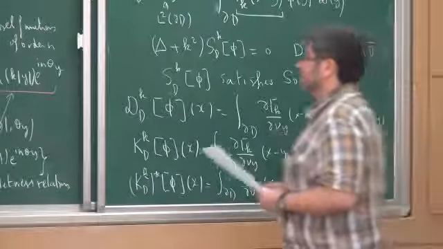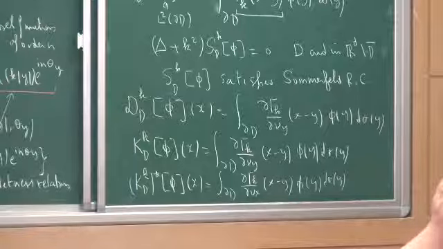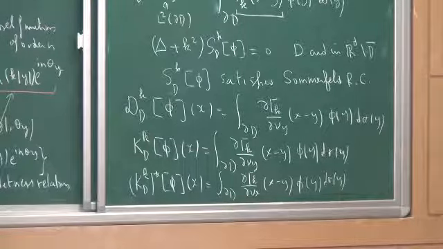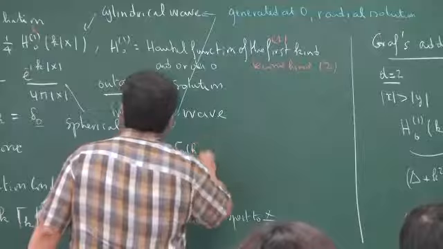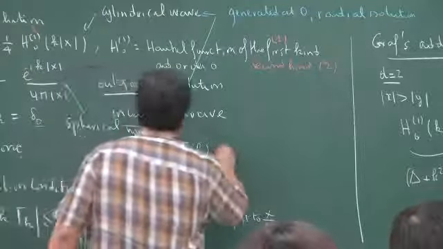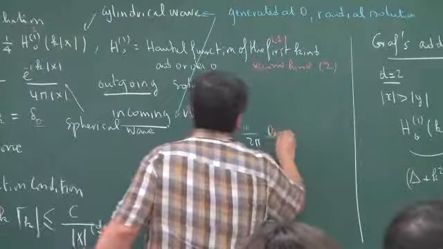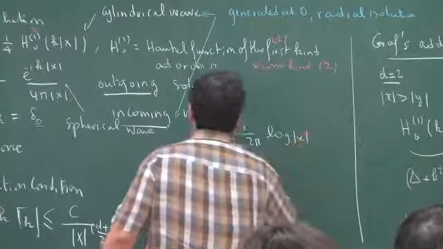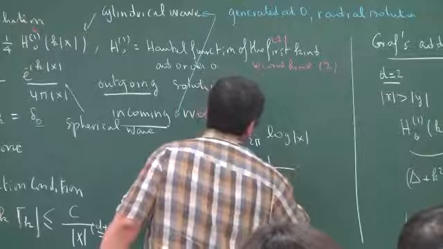Let me make a remark. If you look at gamma k, what is its singularity as x goes to 0? It is the same as gamma 0. Let me introduce gamma 0, given by 1 over 2 pi log of |x| in dimension 2 and minus 1 over 4 pi |x| in dimension 3.